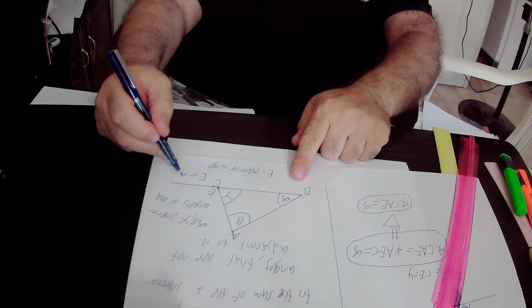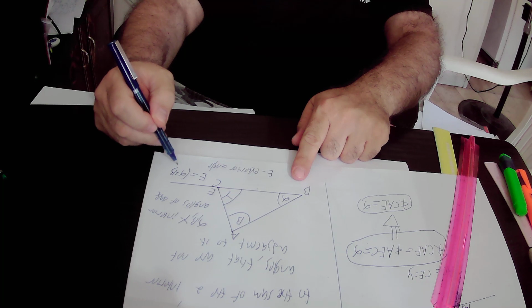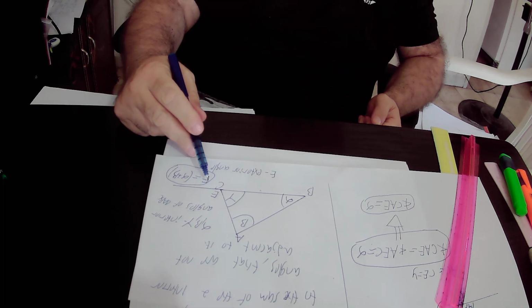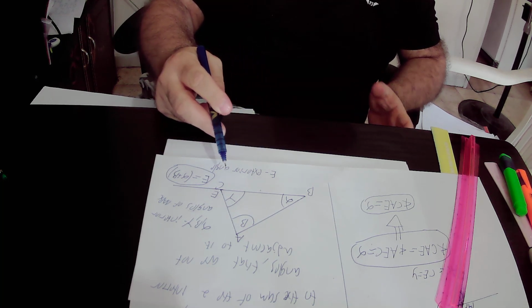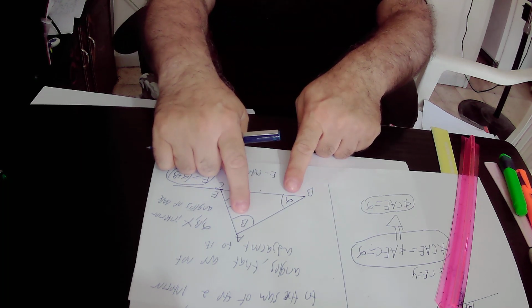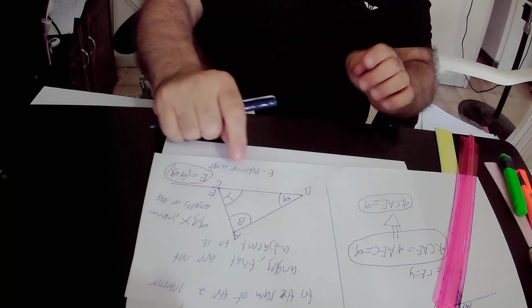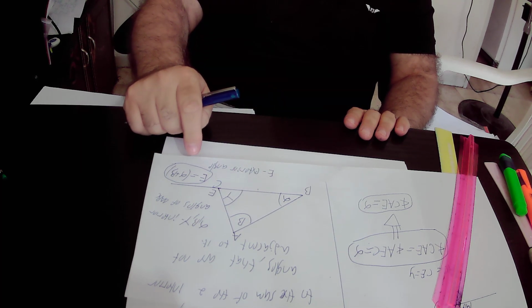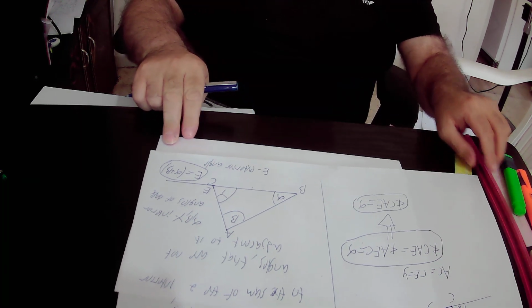That is to say, the size of the exterior angle E is equal to alpha plus beta, because it is equal to the sum of the two interior angles that are not adjacent to it.